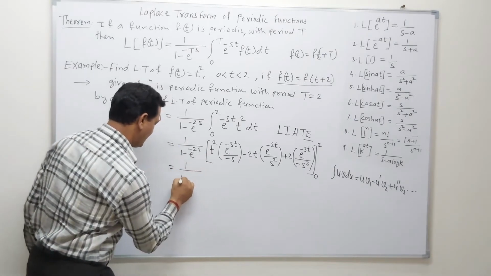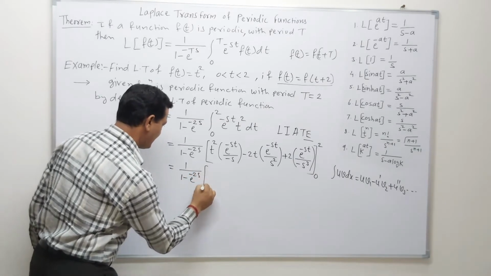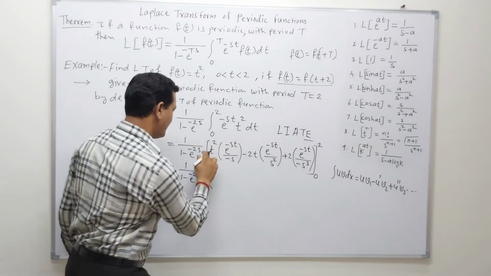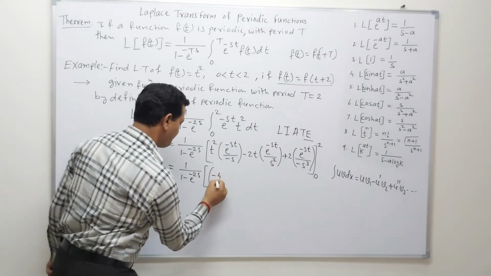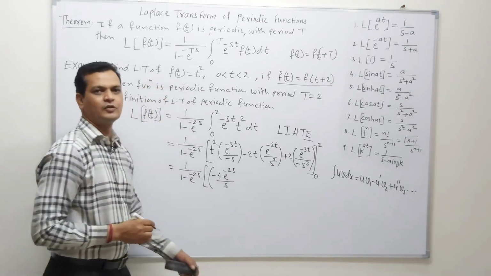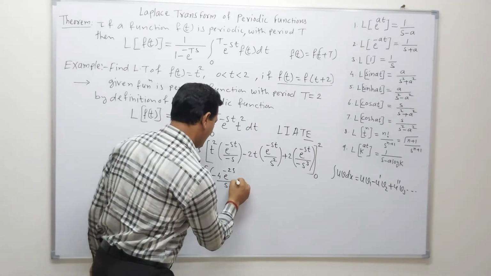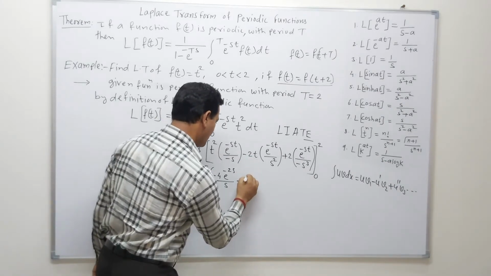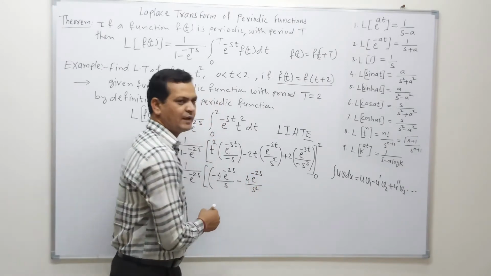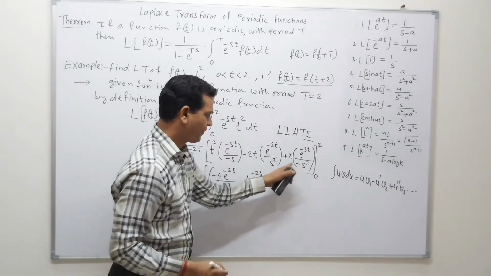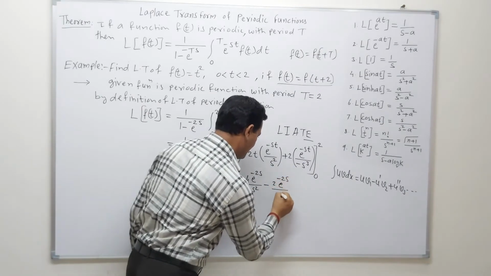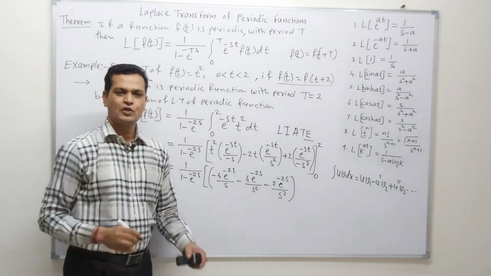We write 1 upon 1 minus e raised to minus 2s, then in brackets, putting t equal to 2, we get minus 4 e raised to minus 2s upon s, minus 4 e raised to minus 2s upon s square, and taking the minus sign common, minus 2 e raised to minus 2s upon s cube. This is the value of the upper limit.